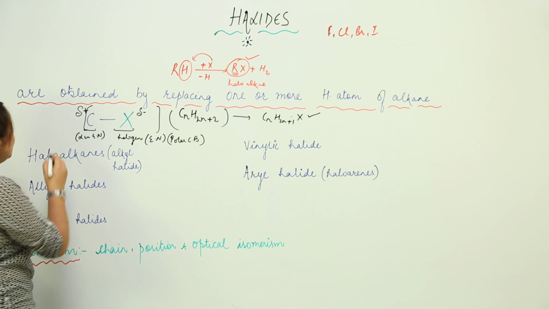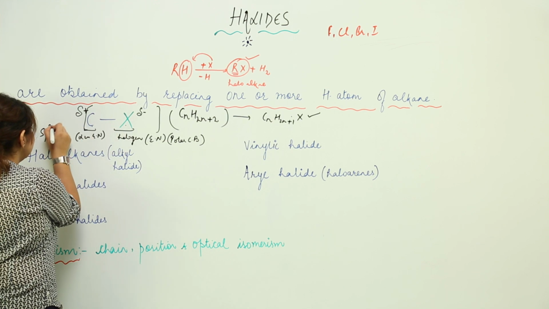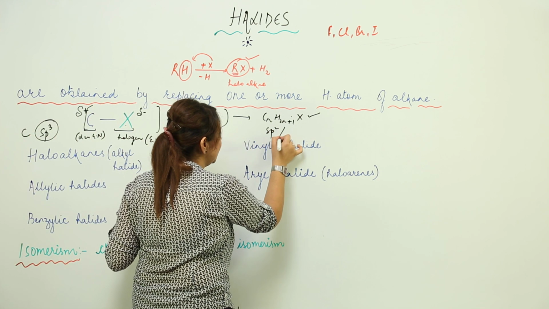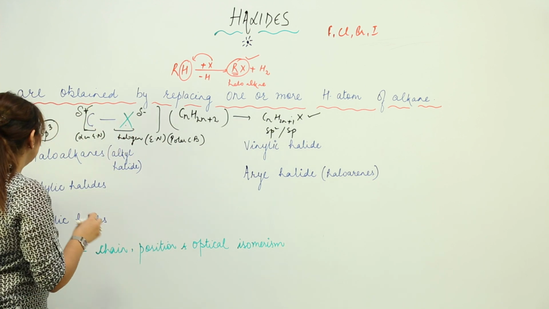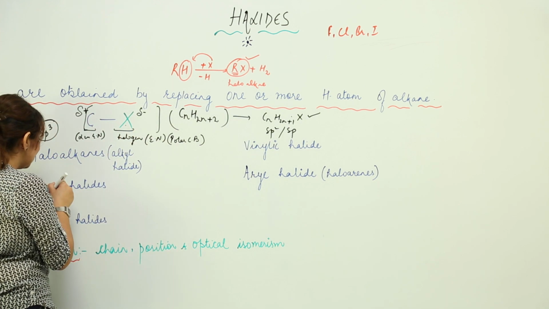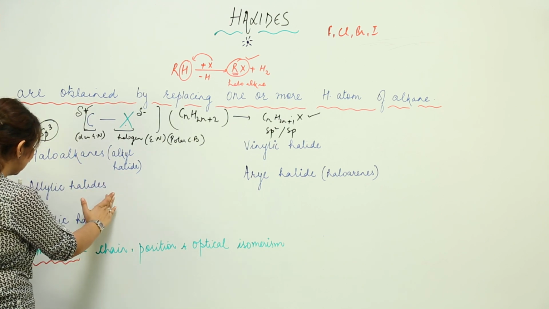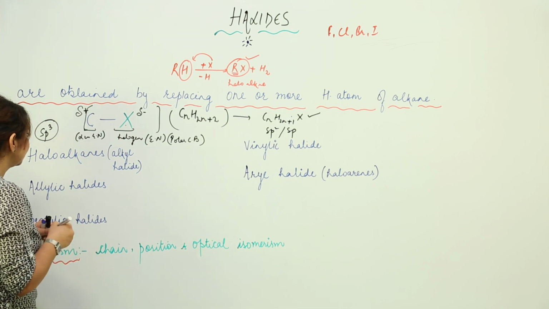Now, depending upon whether the carbon attached to the halogen is sp3, sp2 or sp hybridized, we have different types of halide compounds. One is the haloalkane. As you can see, these sp3 hybridized ones are haloalkanes, allylic halides and benzylic halides. What is the difference between them?